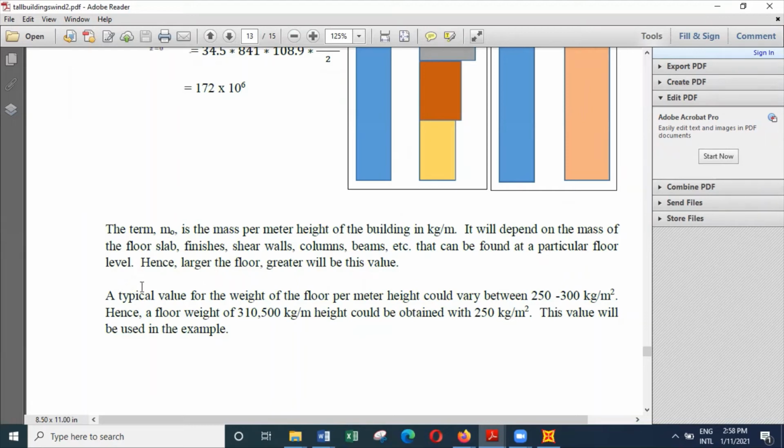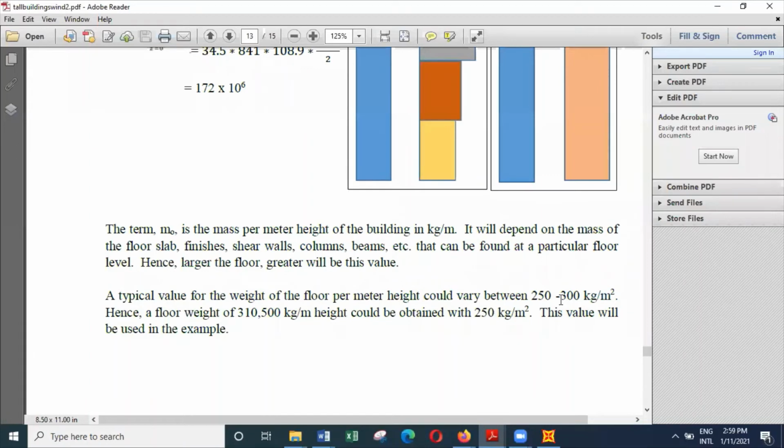When you do this calculation, the typical value for the weight of a floor per meter height generally varies between 250 to 300 kilograms per meter squared for a typical reinforced concrete building. I will consider that for this particular building, because it's an office building, the weight will be on the lower side because most of the partitions would be lightweight partitions. So I'll use a value of 250 kilograms per meter squared.